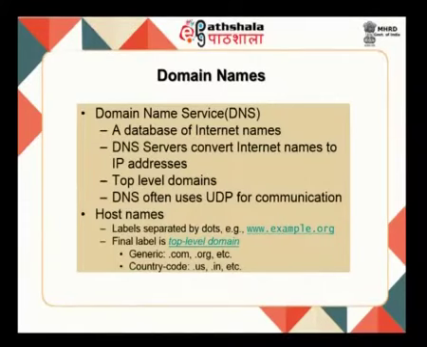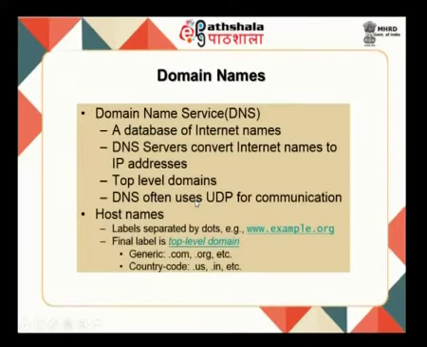So, we need to have a database of internet names, and who is going to maintain all these names? There are servers called domain name servers, DNS servers, and these servers store the internet names along with their IP addresses. When communication happens in the internet, it is through IP addresses, the logical addresses, but the humans will give the domain names.